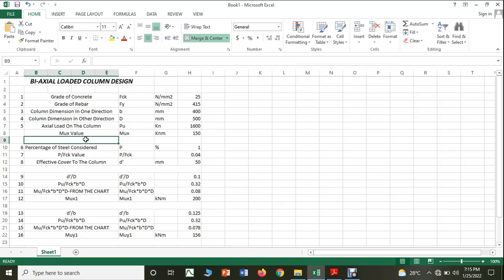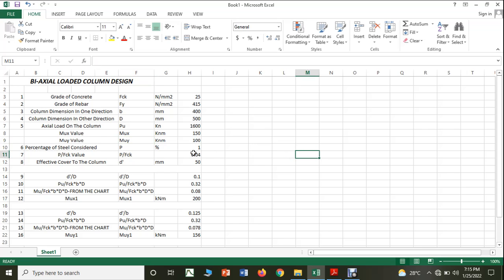Similarly, I can write Muy value, which will be the corresponding 100.